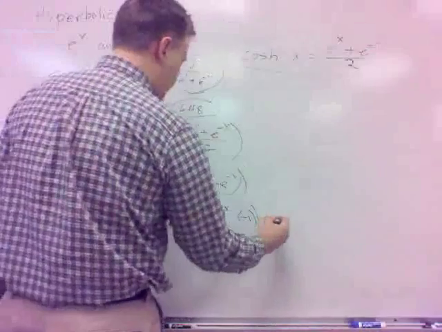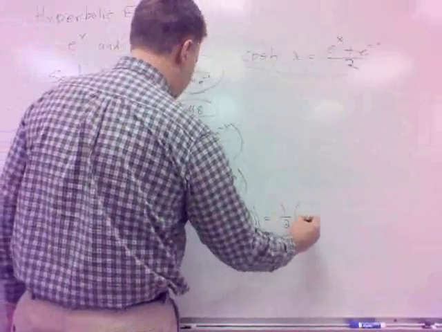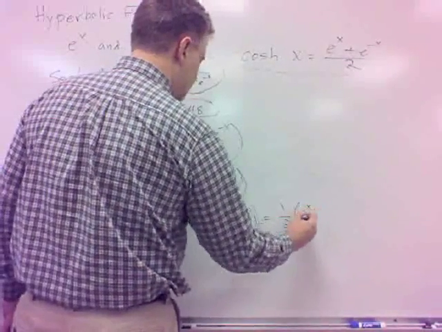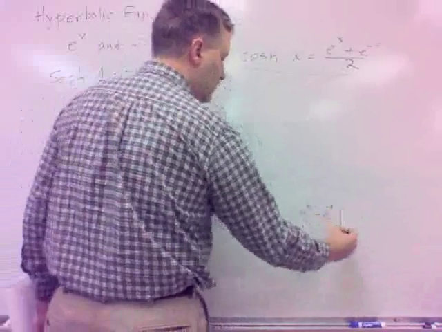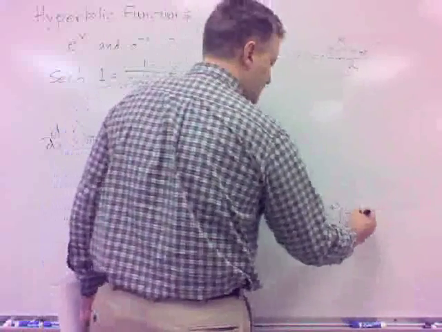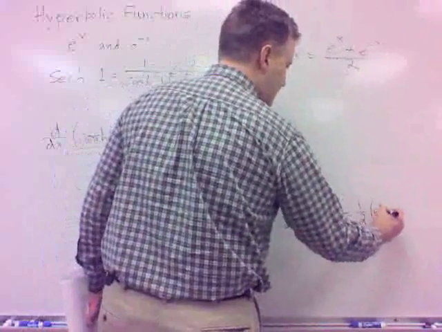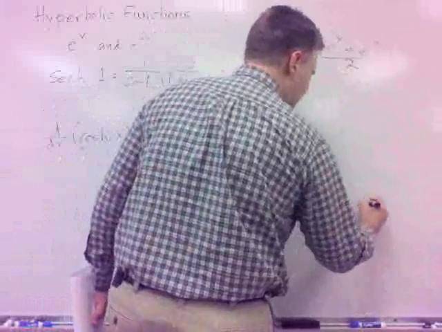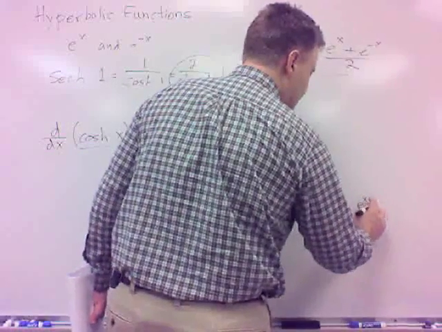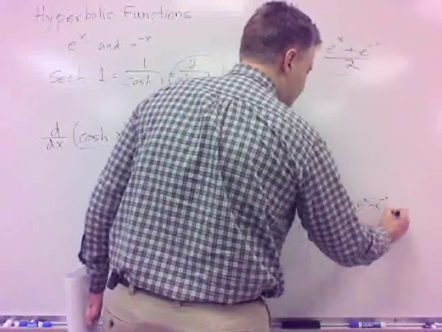So I wind up with 1/2 times e to the x, and that's just minus e to the minus x. Or, to put it another way, it's e to the x minus e to the minus x over 2.